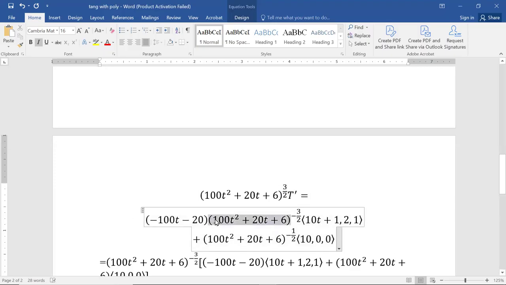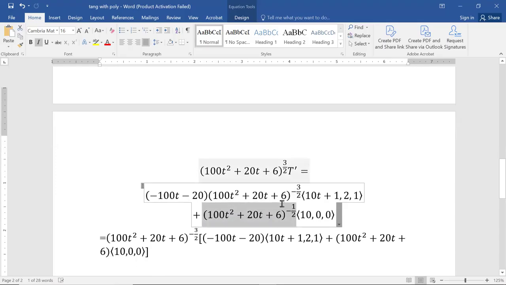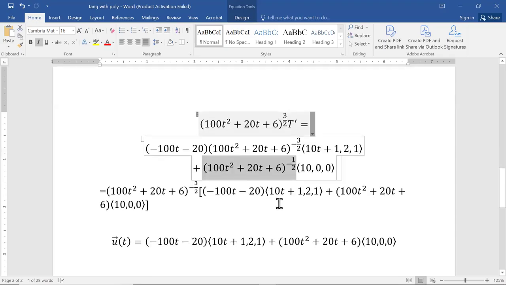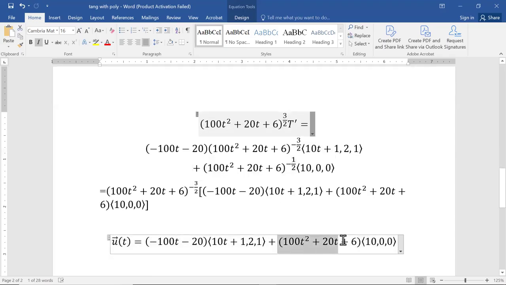Well, that would have eliminated this piece. And if I take times positive 3/2 power, I just get this times positive 3/2 times the same thing to the negative 1/2 power, which would give me this thing to the first power. So if you want to see it that way, it may be easier than factoring out 100t squared plus 20t plus 6. You could multiply in, or you could factor out.